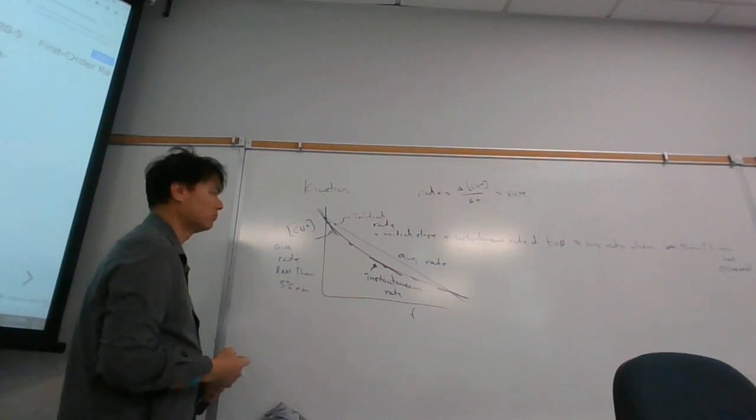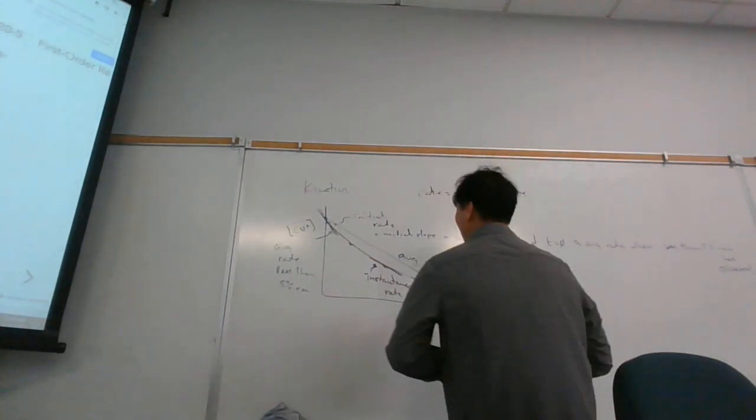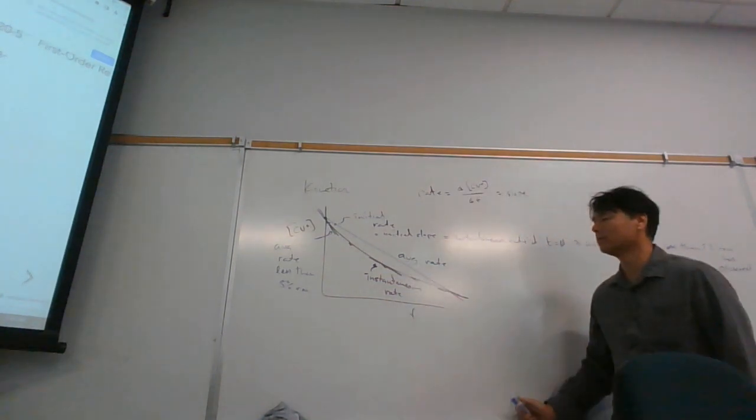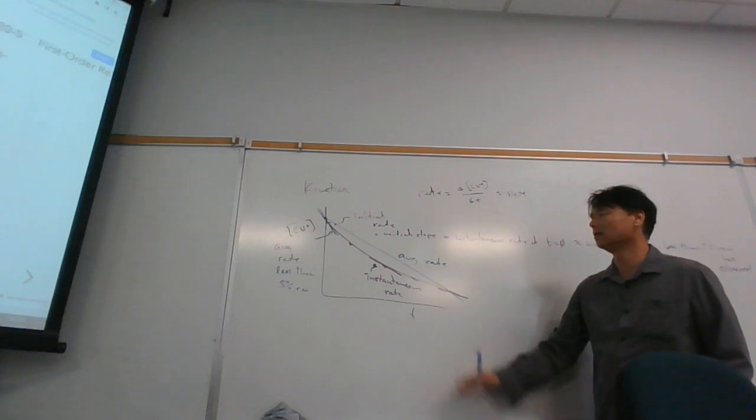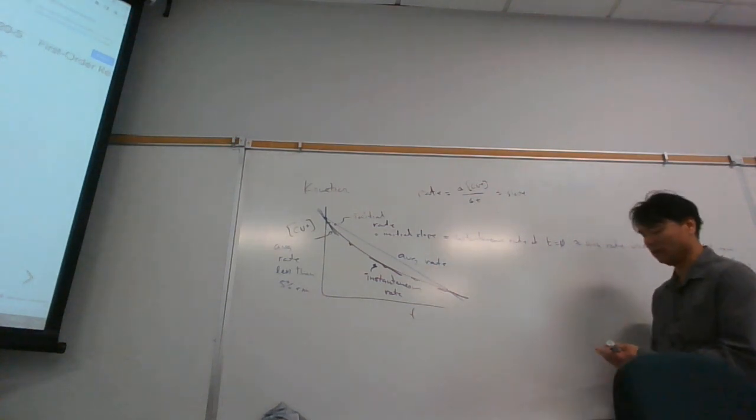And so I could figure out the rate at any point on this curve, or the average rate anywhere on this curve. But what I want to do is represent this as a mathematical equation rather than having to draw the curve and figure it out.